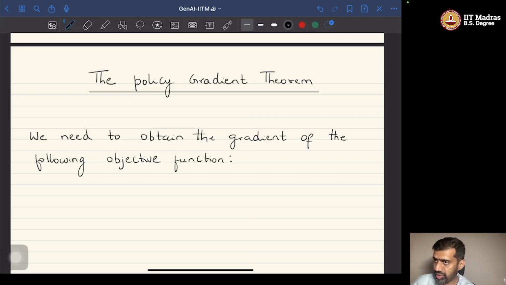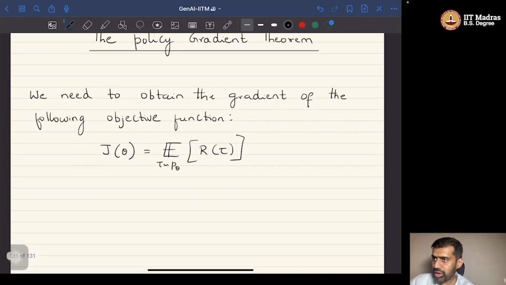What is the objective function that we have? We know that the objective function is the expected discounted return R tau, where the expectation is with respect to tau coming from p theta. So this is the objective function that we have. Now let us compute the gradient of this objective function with respect to theta. So this is what we need, right?